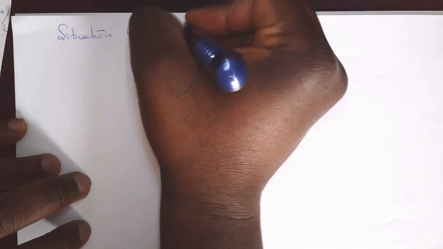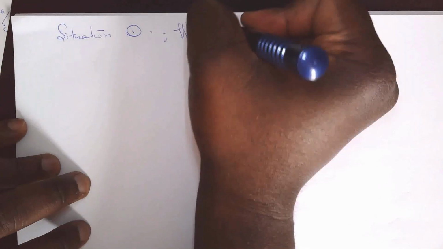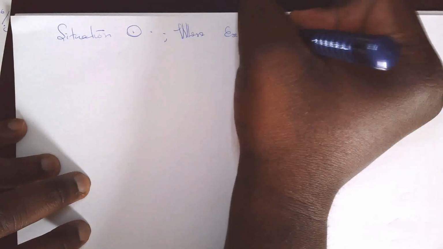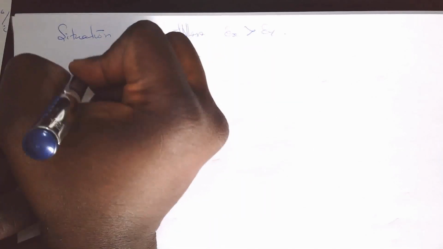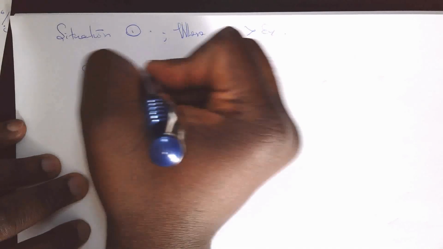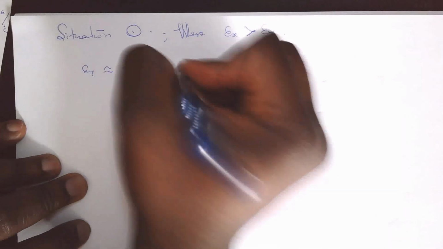Alright, so let's work through situation 1 and compare the force. Situation 1, where epsilon x is greater than epsilon y. So we stated that epsilon y is going to be approximately equal to nu times epsilon x.